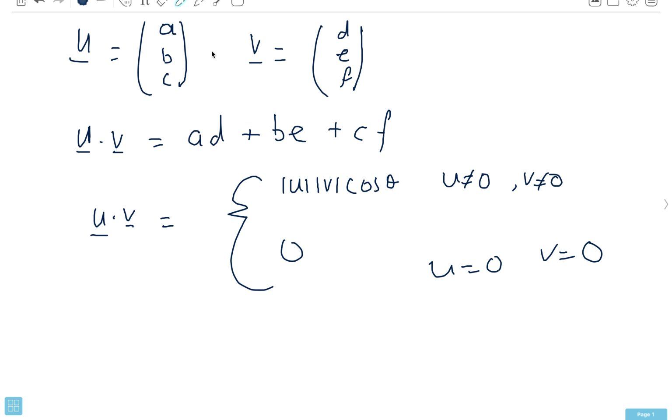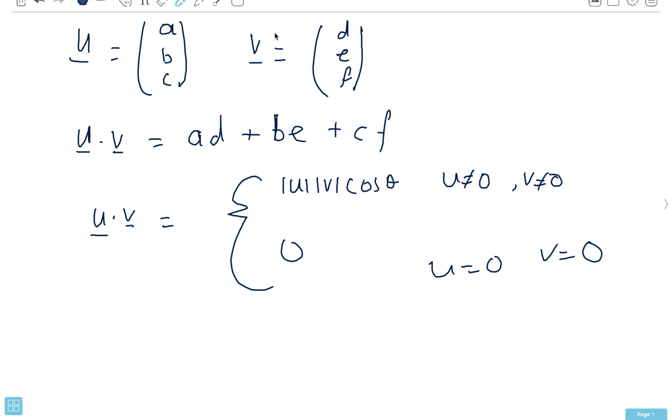Now, remember, we can find the lengths of u and v, but if we're not given the angle, then it becomes a lot more difficult. And with this formula, we just do a times d, b times e, c times f, and we're finished.